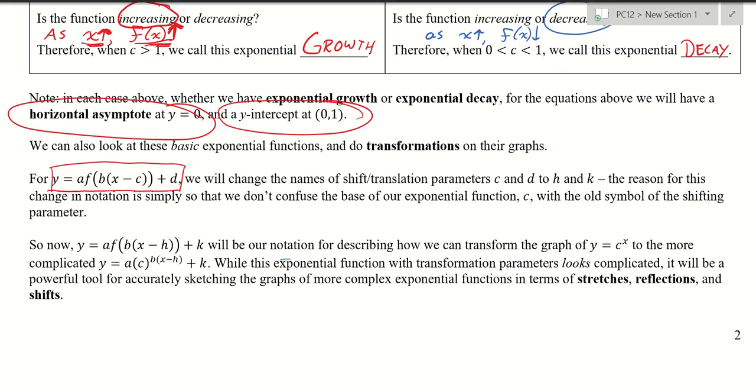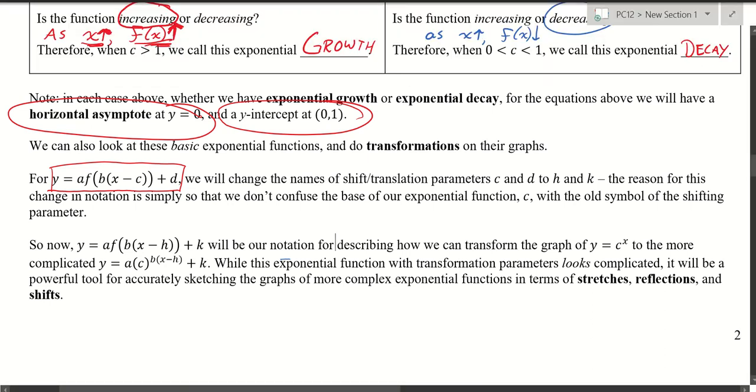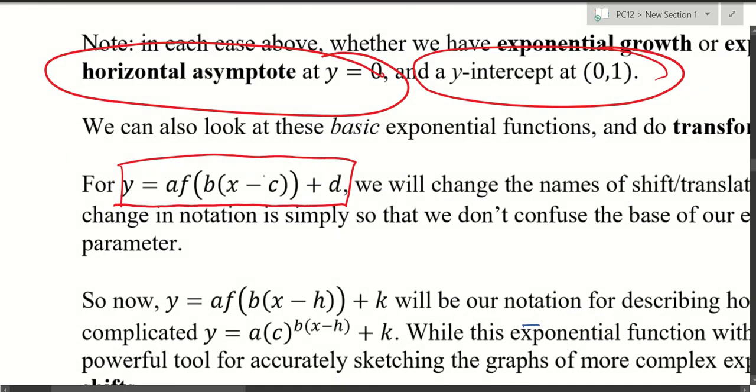We're going to look at the parameter c here, and we know that this parameter c is our horizontal shifting parameter, and that's not going to change. But what we will change is what we call it. We're going to call it h now. Instead of calling our horizontal shift parameter c, we're going to call it h.